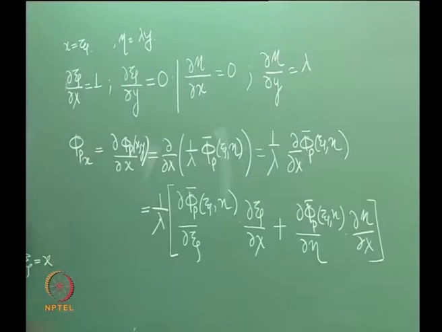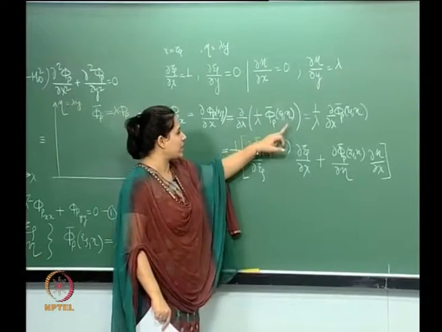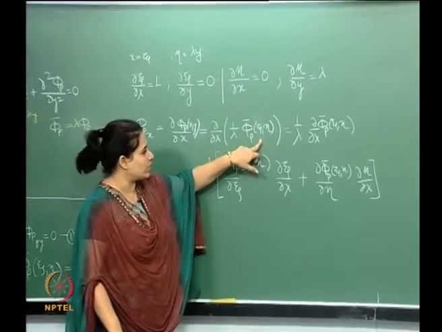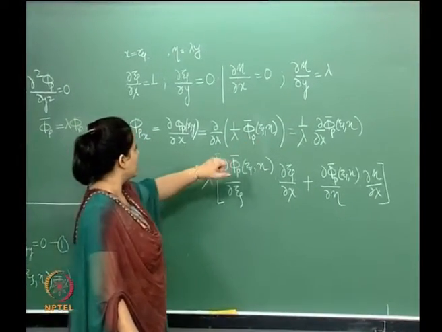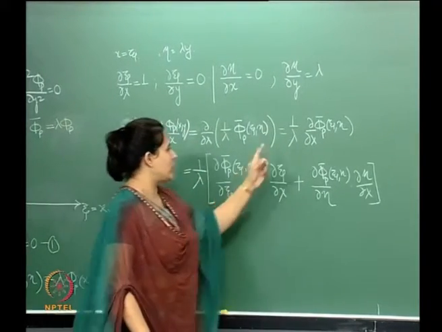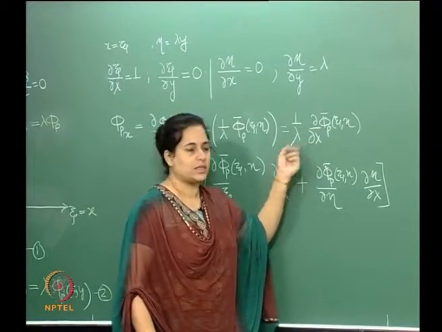Right, makes sense. So, what we are writing here is phi p x, okay, which is essentially del phi p del x, with respect to the x coordinate. So, then I write that in terms of the perturbation potential in the transformed coordinates here, okay. So, which is essentially this, okay. Now, I say transformed coordinates with respect to change in x, right.